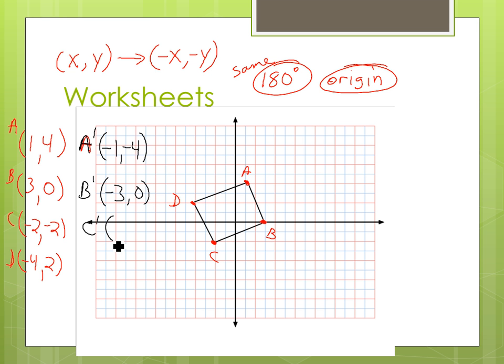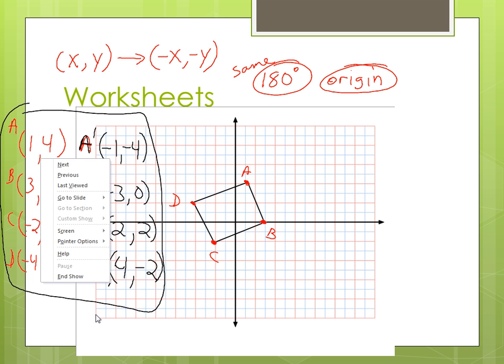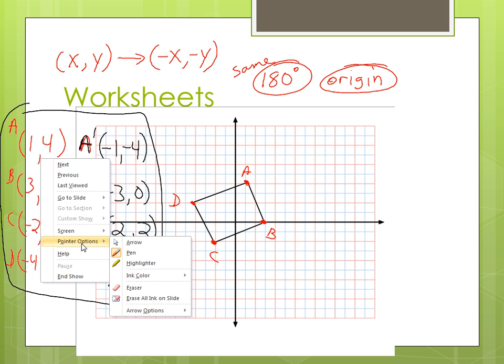C prime, take the opposite of both those, is going to be 2, 2. And D prime, take the opposite of both those, it's going to be 4, -2. Do this rule first, do all this stuff first, then worry about graphing it, because otherwise you end up being lost.